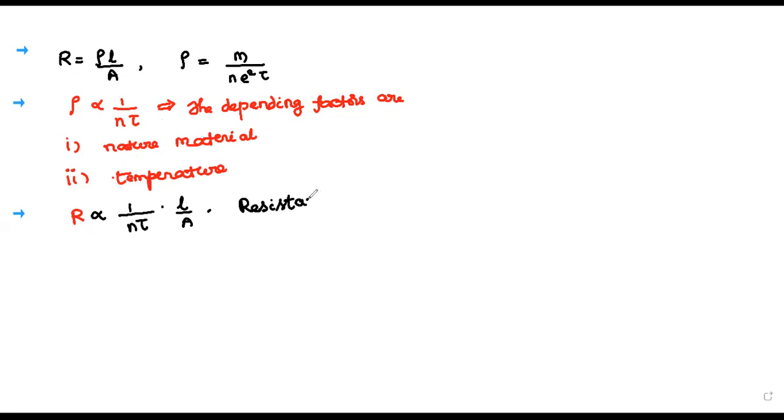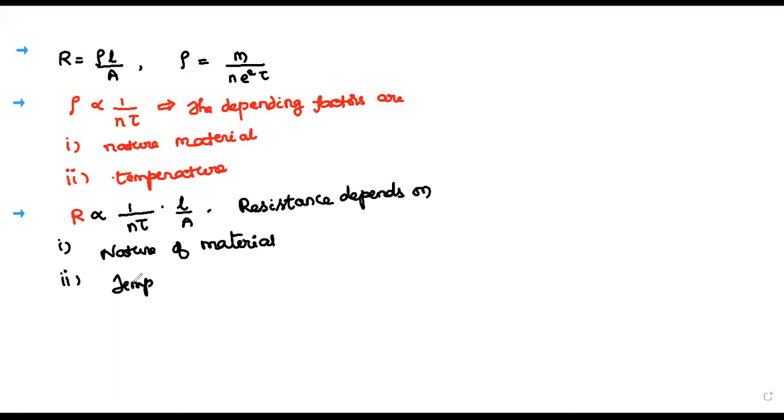That's why resistance depends on: number one, as usual, the nature of the material; number two, temperature; additionally number three, length; and fourth, area of cross section.